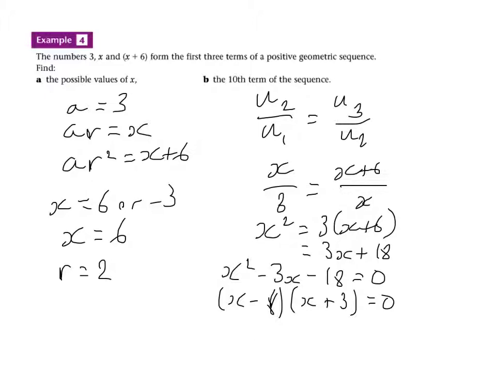So the 10th term will be 3 times 2 to the 9, which is actually a question we had a couple of slides ago. If you remember, it's 3 lots of 512, which gives us the answer 1536 as the 10th term.